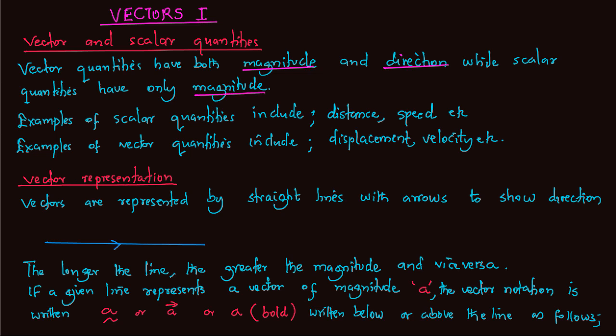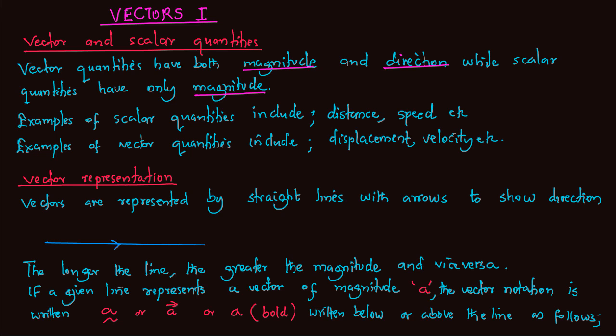We have examples of scalar quantities. For example, when we talk about distance or speed, those are scalar quantities. On the other hand, when we talk about displacement and velocity, then we are talking about a vector quantity.